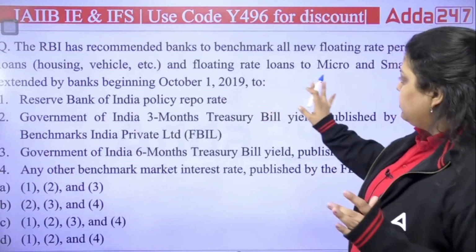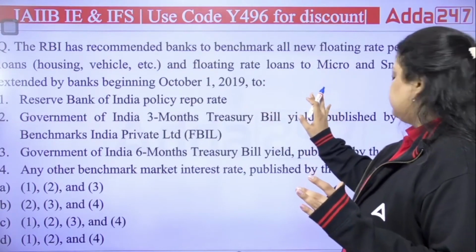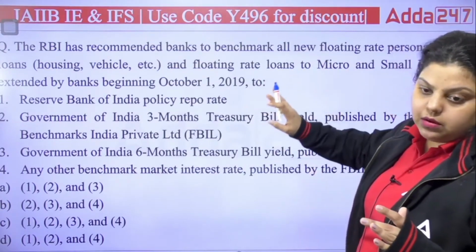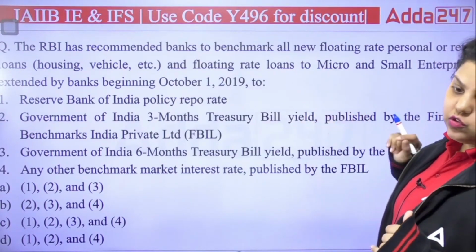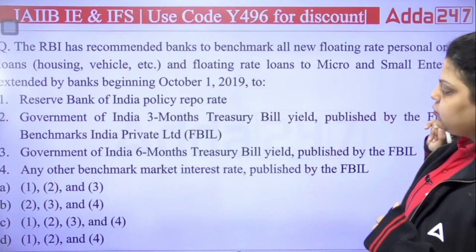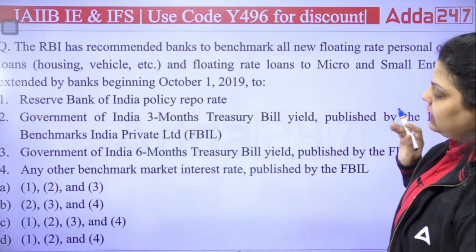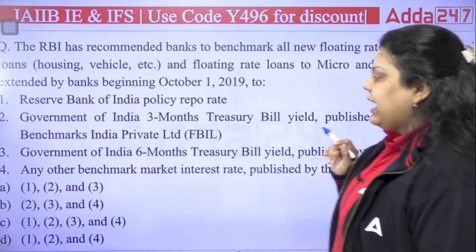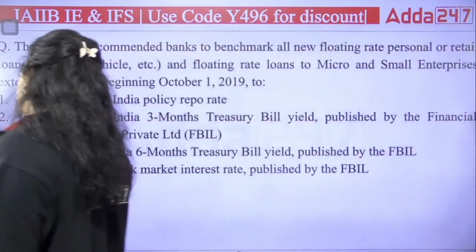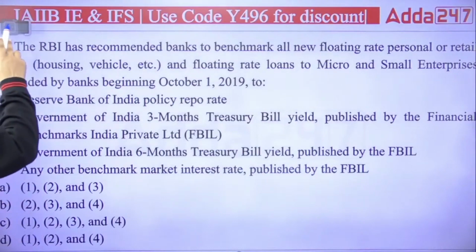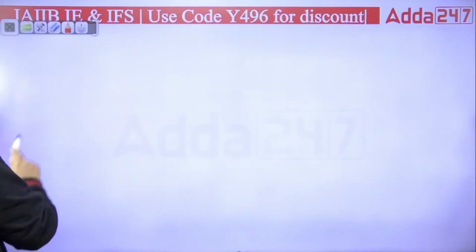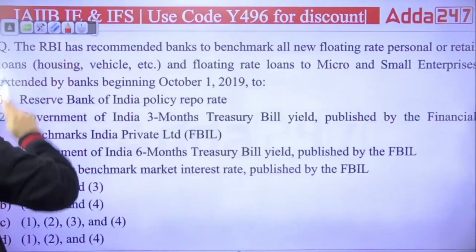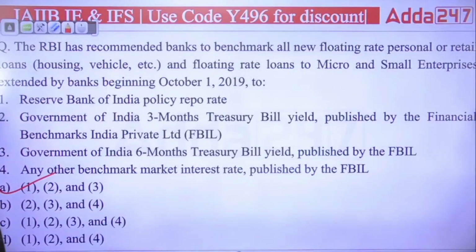So we are talking about a floating rate loan to MSEs, right? And the RBI repo rate will be there, the 3 months Treasury bill yield will be there, the 6 months Treasury bill yield will be there, or any other benchmark rate. So actually it will be the first, second and third, not any other rate. Right answer will be A. In the first, second rate it will be provided.